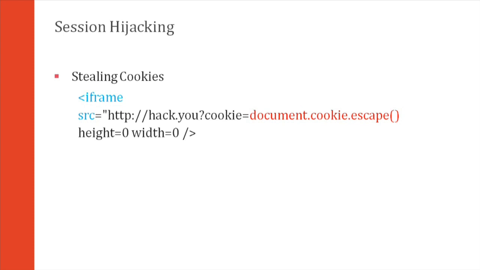As long as you go to that website, it's going to load the iframe. This iframe is invisible. You can see the height and width is 0, 0. That means it's not going to be shown in the web page, but behind the scenes, the iframe is going to connect to the hacker site, and the document.cookie is going to be sent as part of the content.